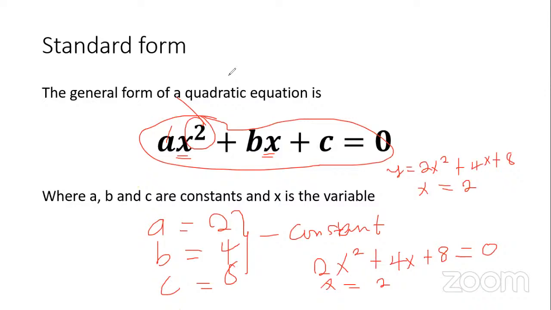Wycliffe, which value are you getting? Okay, Tevi says is also getting 24. So by substitution, we are getting 24.